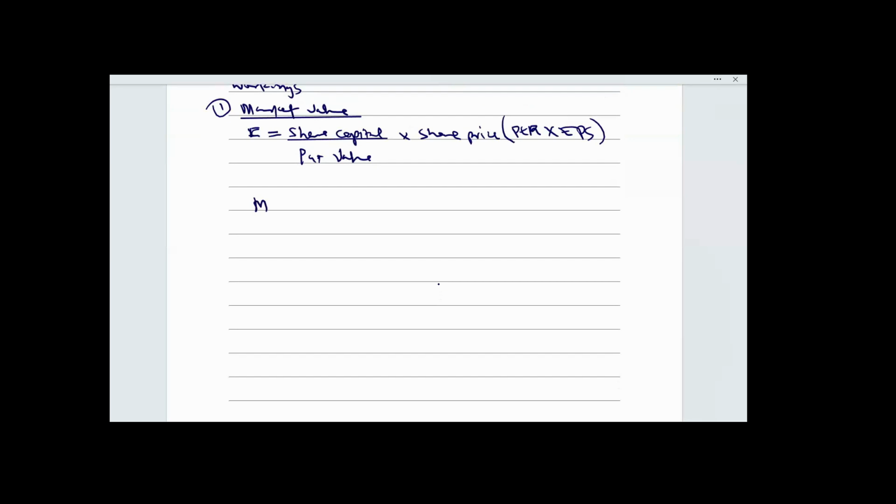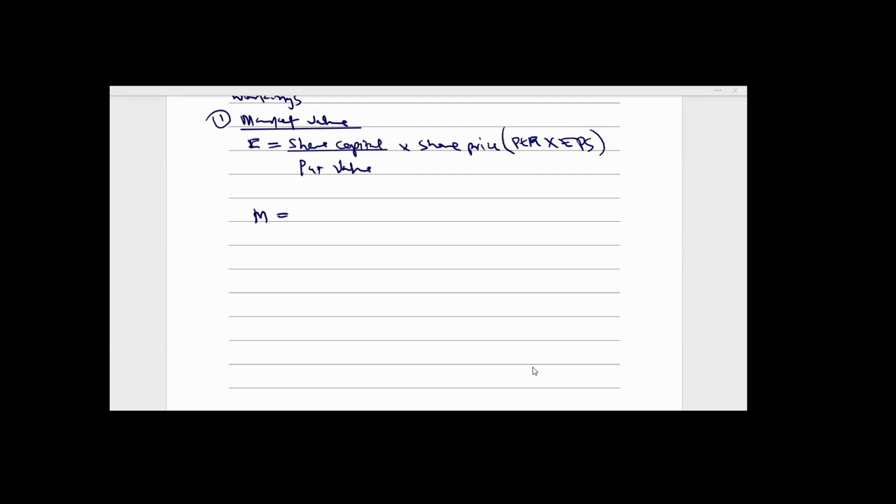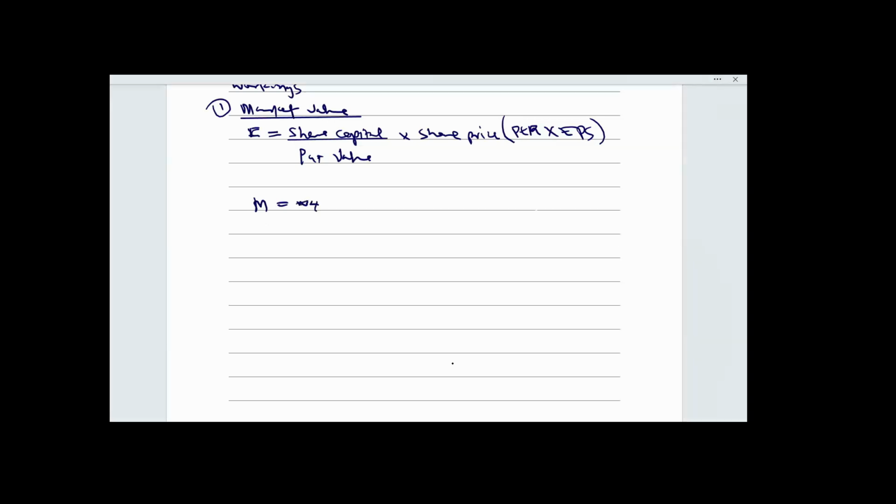So for Mississippi, the share capital is 4,000 naira. The nominal price, the par value of Mississippi, is 25 kobo. So 4,000 divided by 25 kobo, multiplied by the share price.